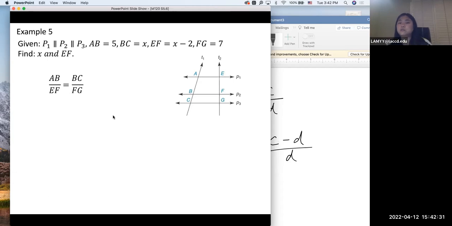Okay, use this formula. Okay, and then plug in the numbers. Try your work.